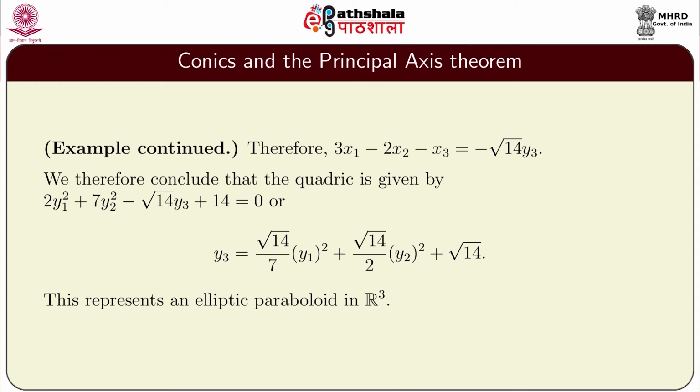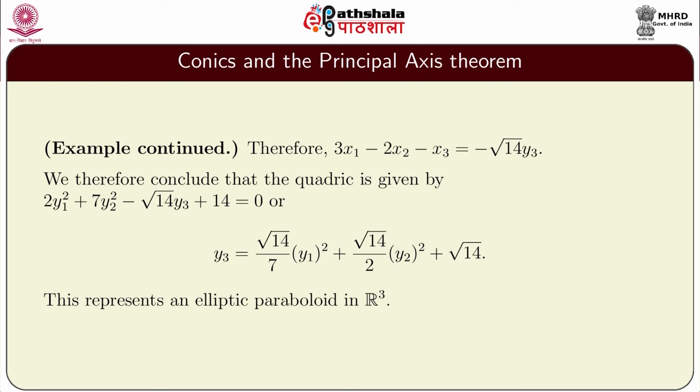Therefore, we have simplified the homogeneous degree 2 part or the quadratic form part to 2y1 square plus 7y2 square, and the linear part has been simplified with respect to the new variables to minus square root of 14 y3, and then there is that constant 14 sitting over there.